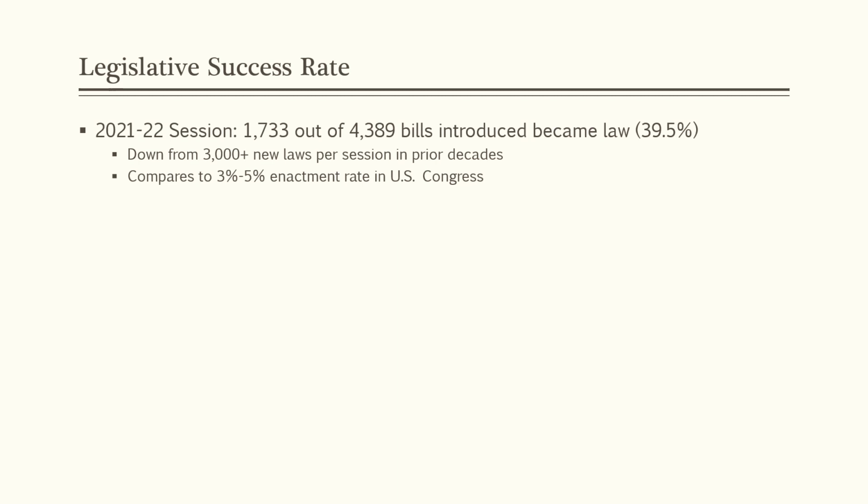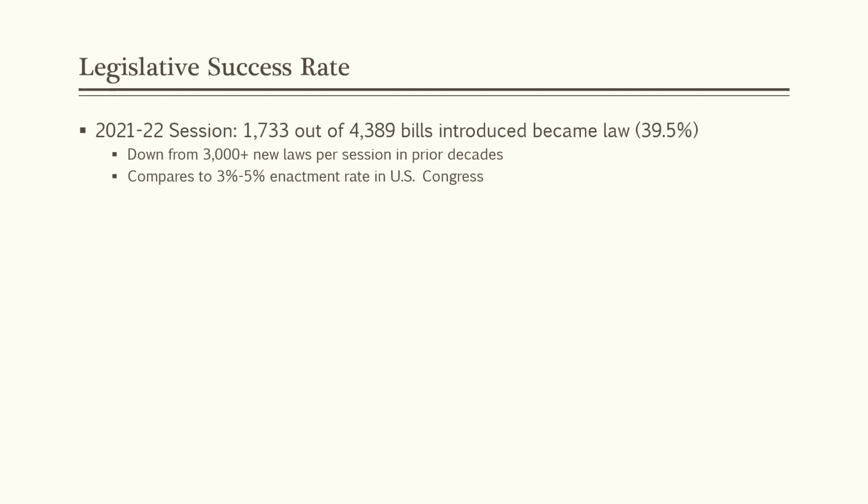That's actually quite a bit higher than the national average across state legislatures, which is closer to about 20%, but remains something of a downturn from the 1980s and 90s, in particular, when the California state legislature was passing about 3,000 new laws in every 2-year session. So that's quite a lot of bills becoming law in a 2-year period.